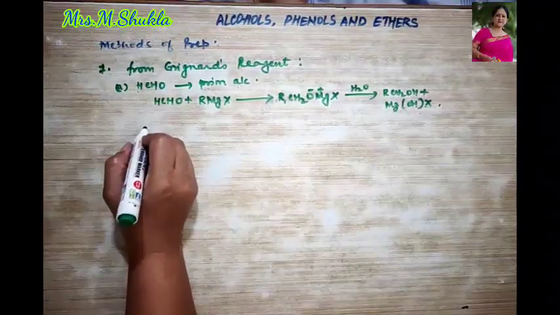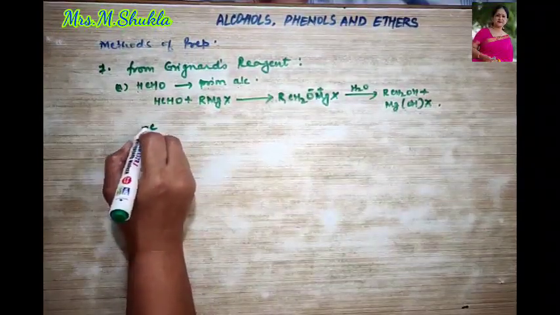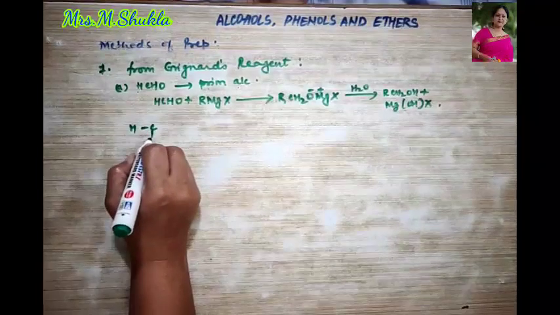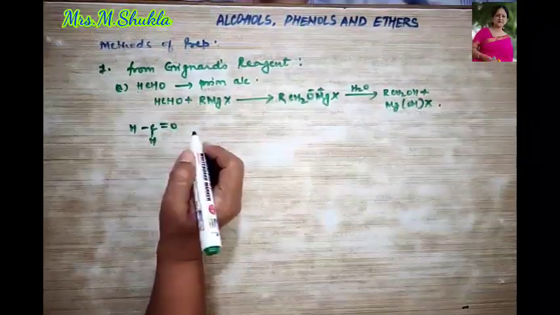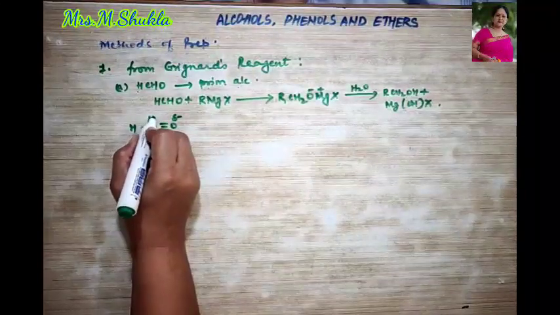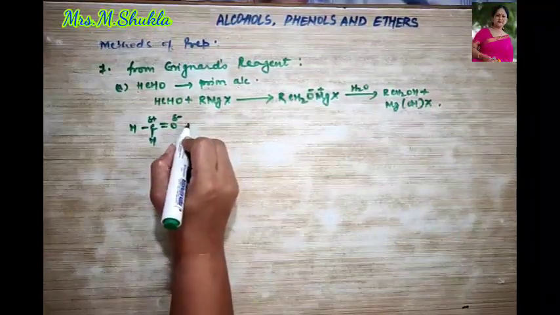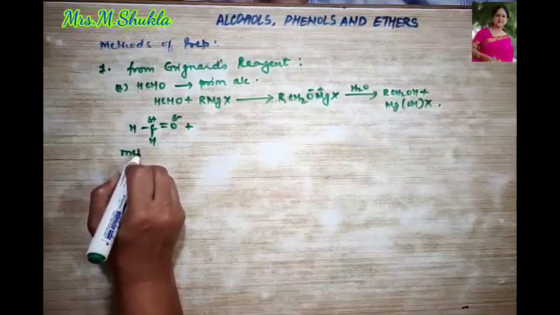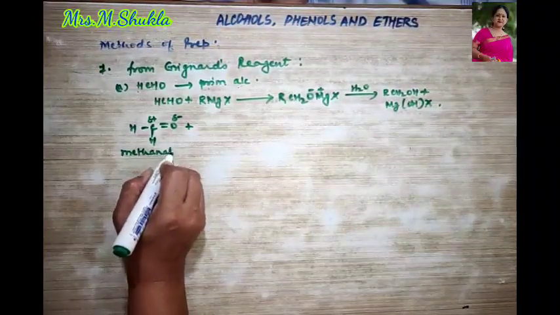So let us look at the reaction. Let me show you how methanal can be written. It can also be written like this: this has a slight negative charge and this has a slight positive charge, and this is your methanal.